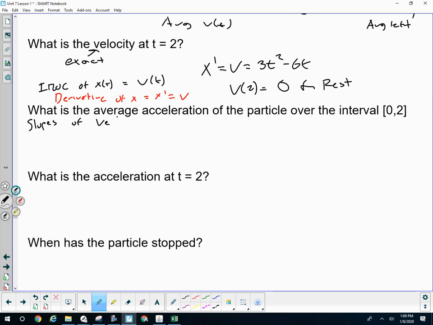It goes position to velocity to acceleration. Here, the average rate of change of velocity will give us an average a. And then here, the instantaneous rate of change of v will give me an exact a.